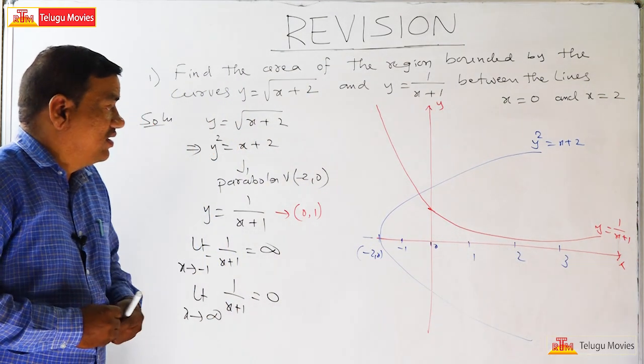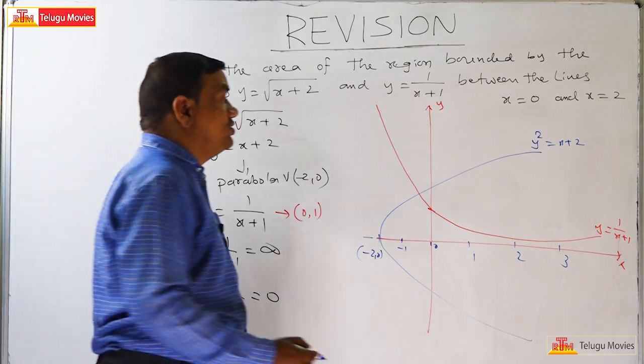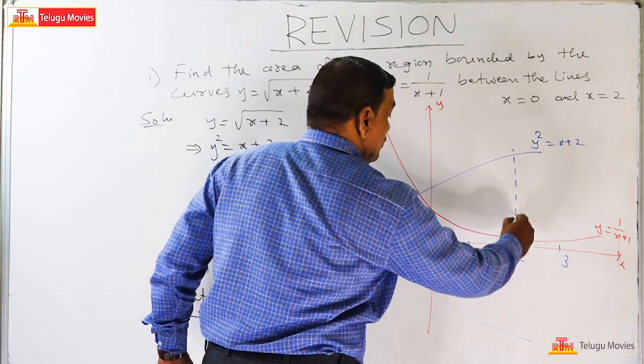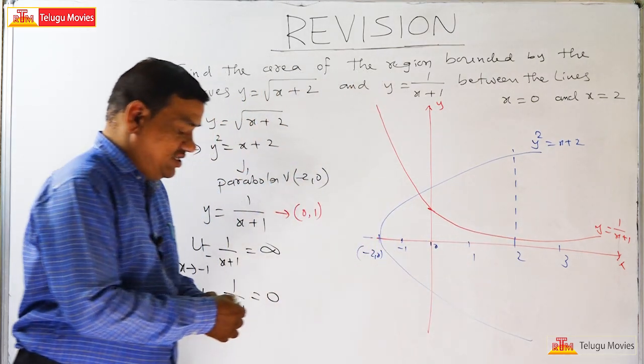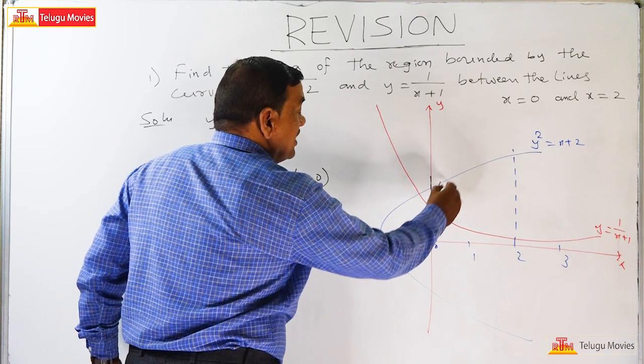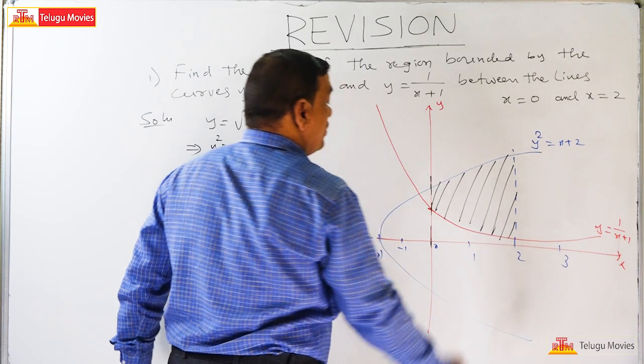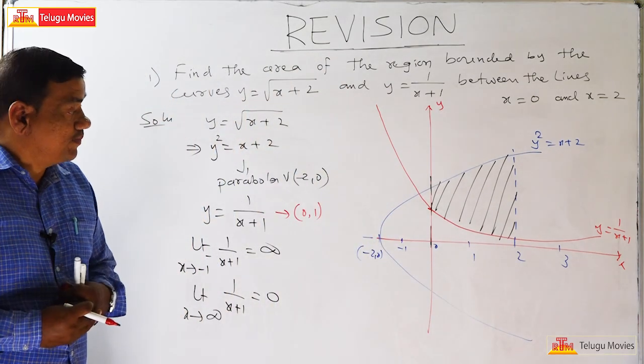Now, between the limits 0 to 2, this area we have to find out. So our area is the integral from 0 to 2.